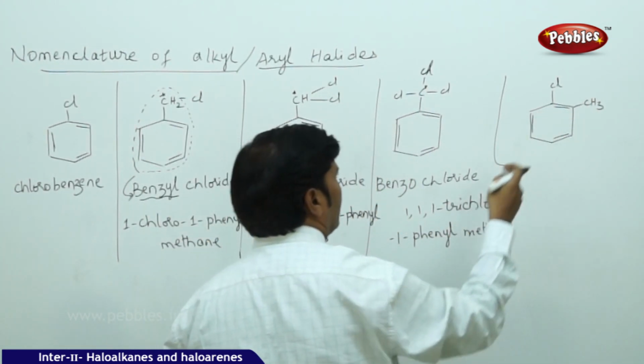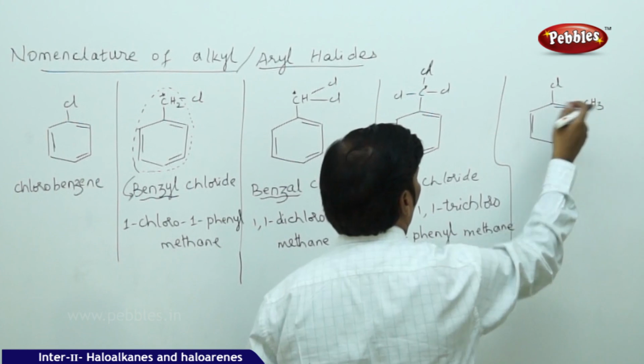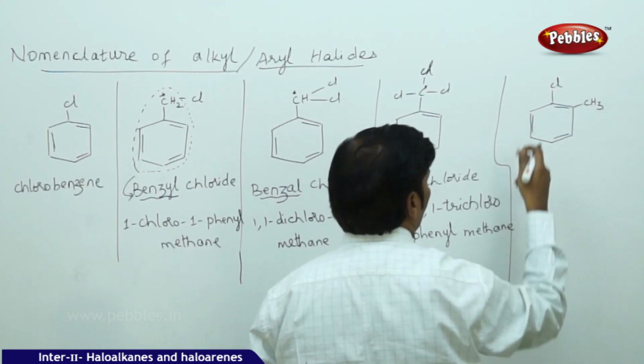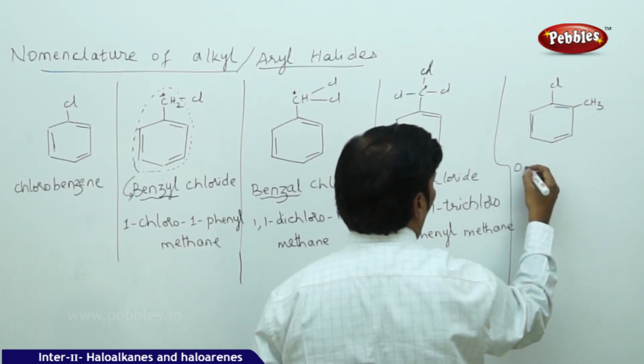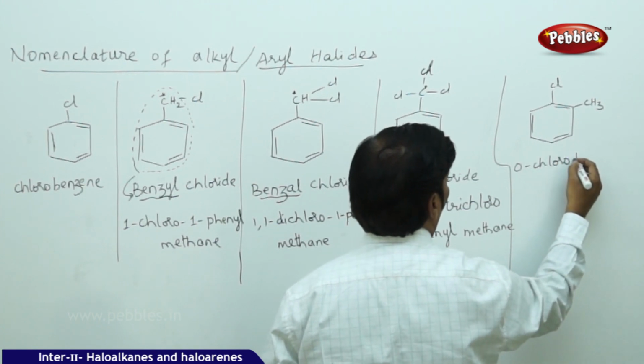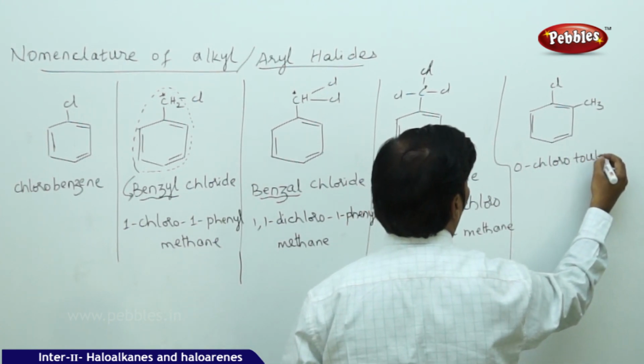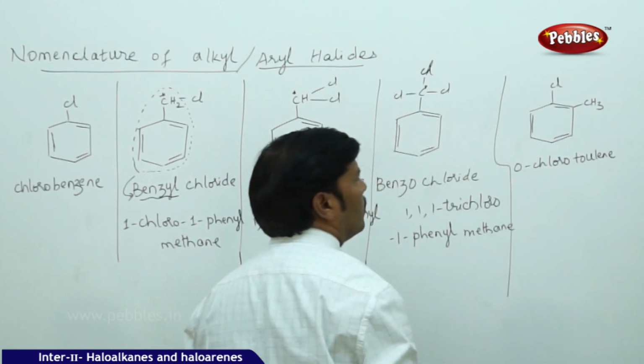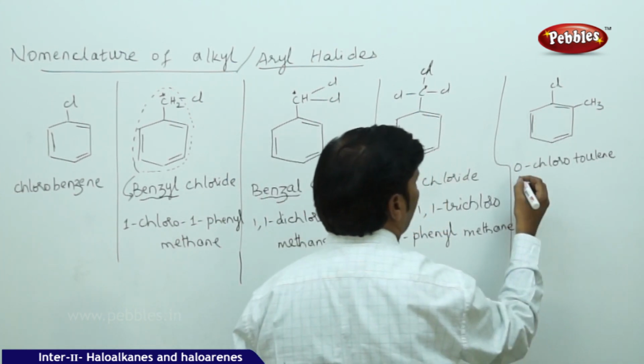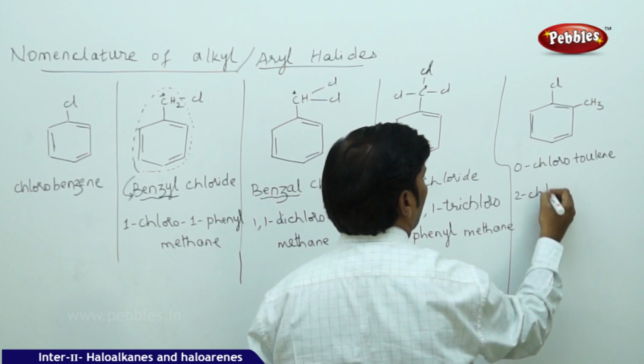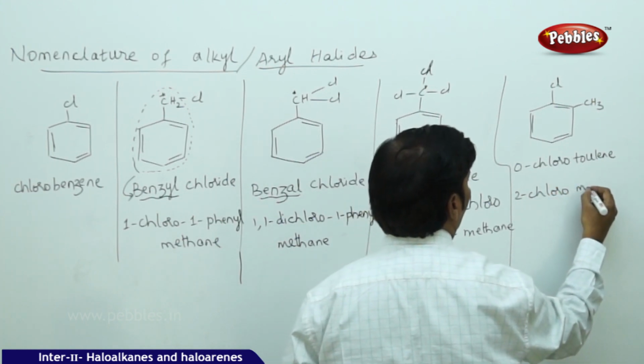We can just take this as C for chloro and M for methyl. So what I can say is orthochloro. The common name is orthochlorotoluene, and the IUPAC name, if you want to write, you can just take this as 2-chloro-methylbenzene.